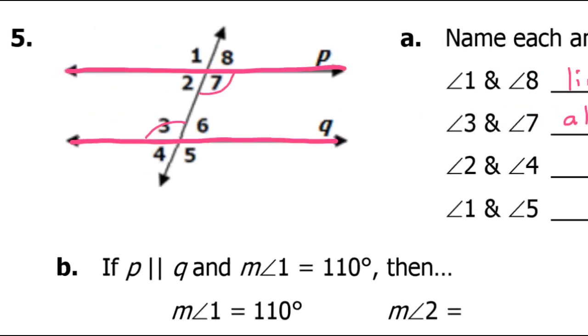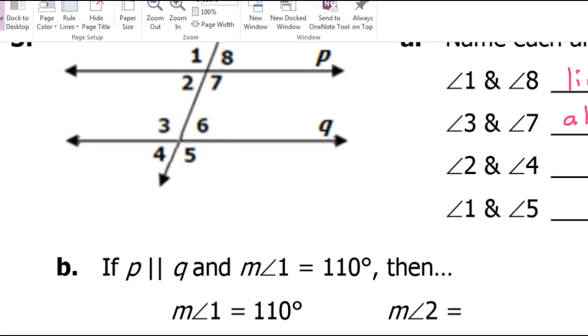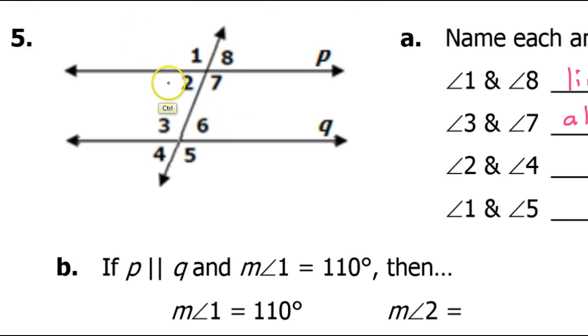Next we're going to talk about angle 2 and angle 4. So angle 2 and angle 4 are like this. Angles like this are called corresponding angles.